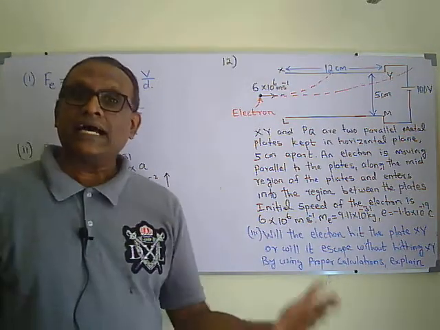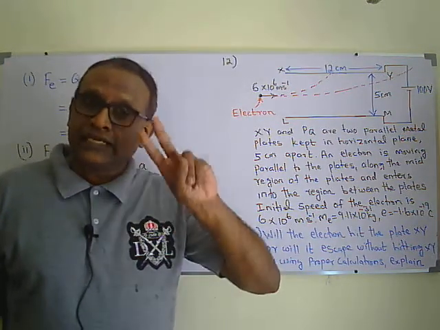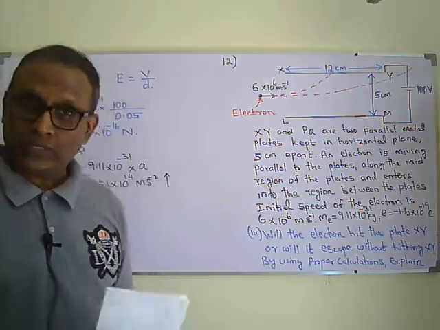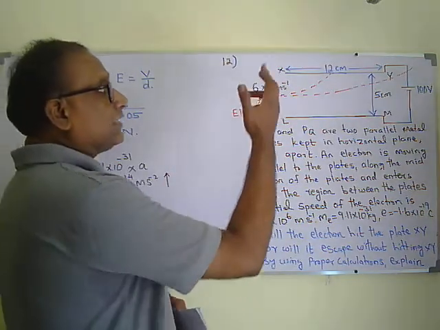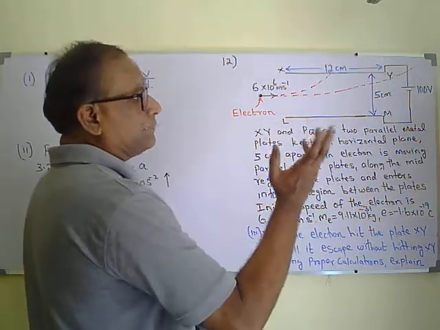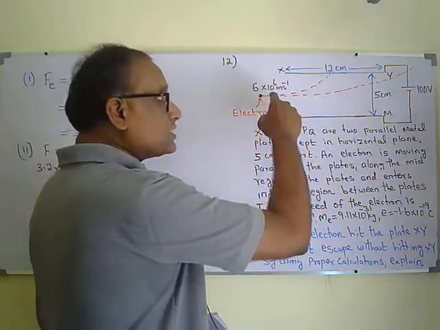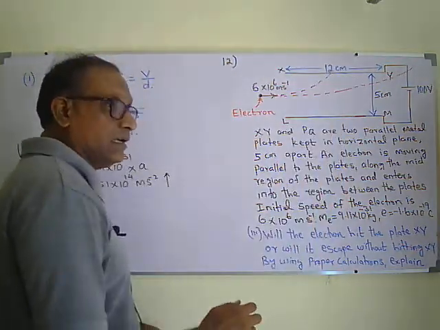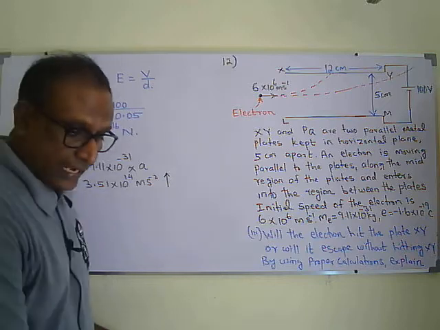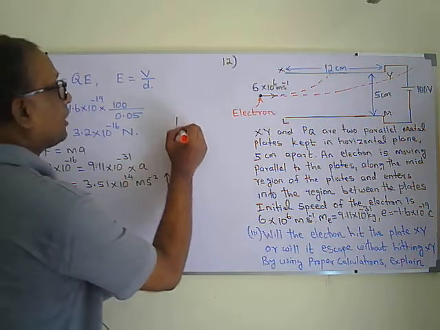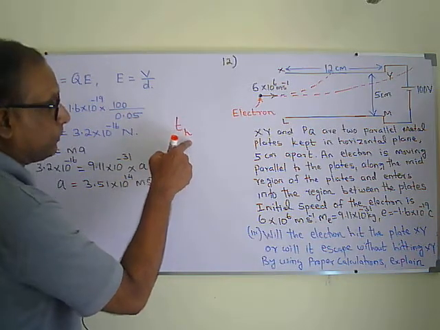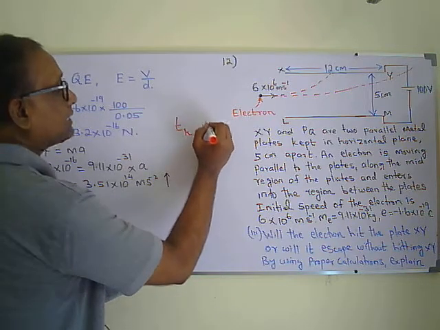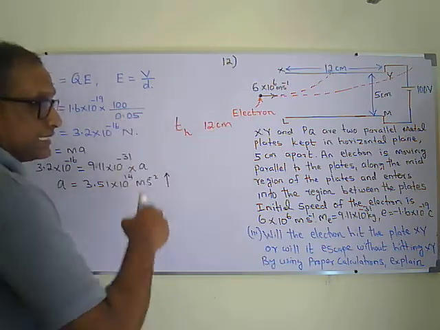Second approach, by using time, I can find two different times. How long will it take to escape out of the plates? If it wants to complete 12 centimeters horizontally, the time required is TH.